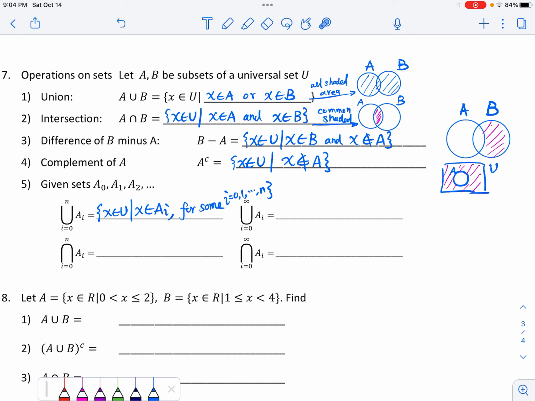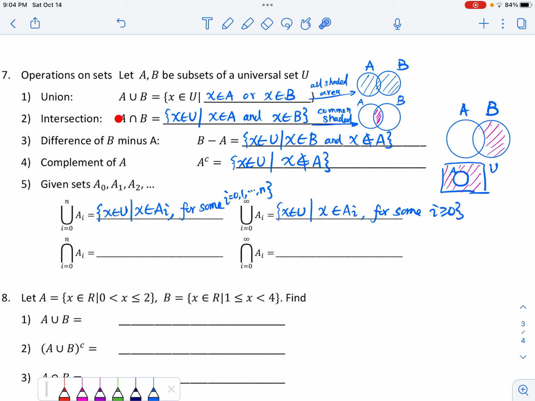Now, of course, when this is 0 to infinity, that there are infinitely many sets, so you just extend it: X in U, and X is in AI for some I greater than or equal to 0, because there are infinitely many from 0 to infinity, so as long as it's greater than or equal to 0.